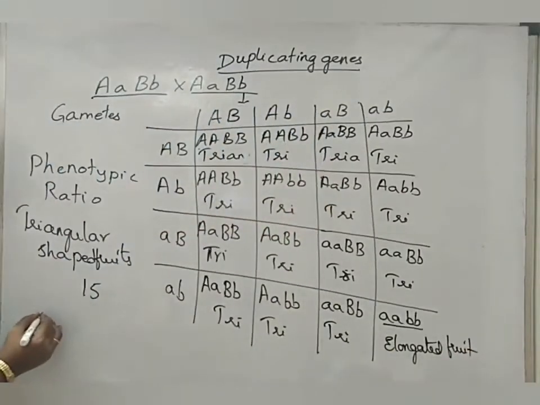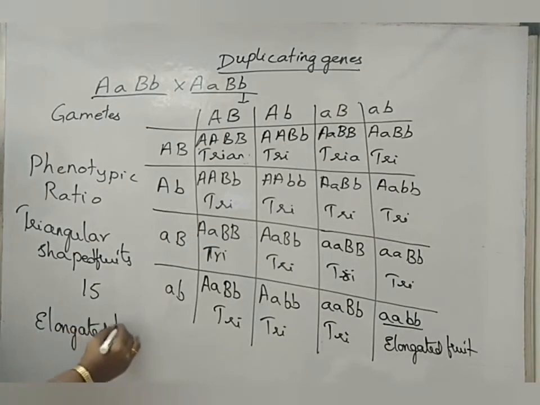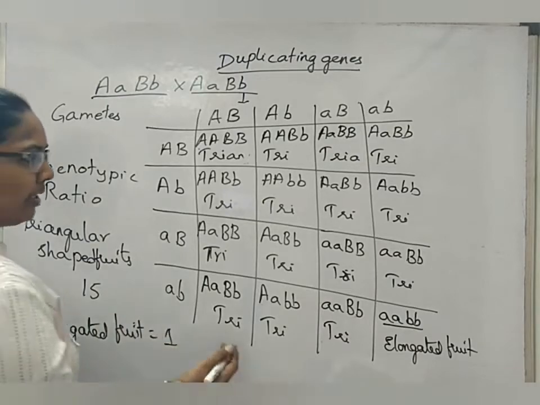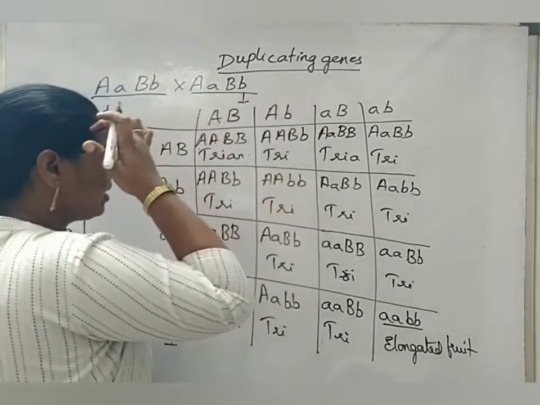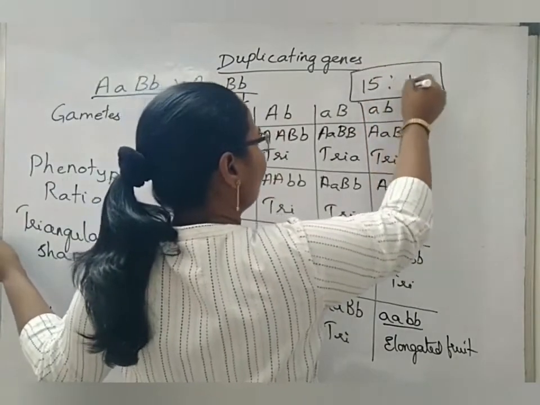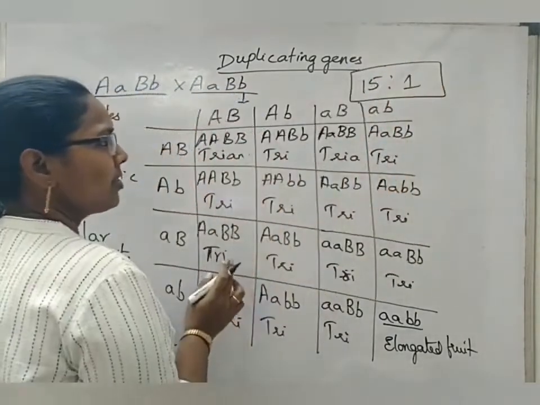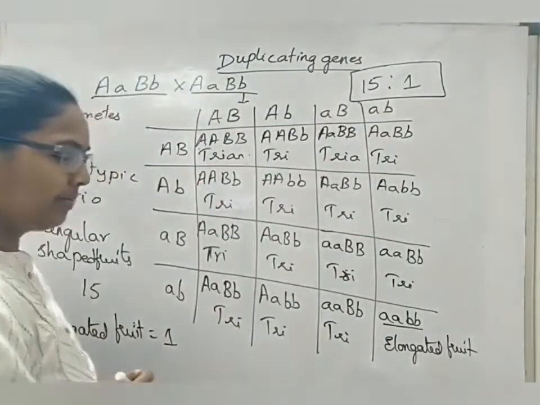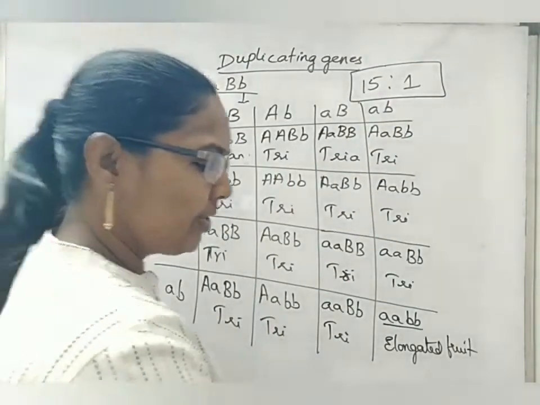When we see elongated fruits, the number is only 1. So the ratio in this F2 generation of duplicating genes is 15:1. 15 are triangular shaped fruits and 1 is an elongated shaped fruit. So this is about duplicating genes.